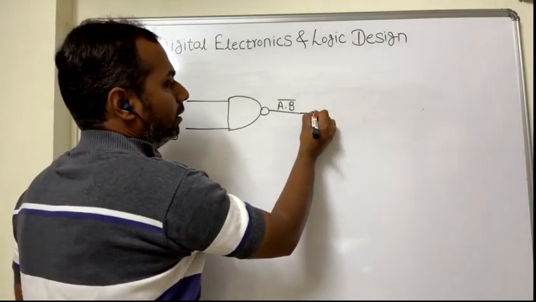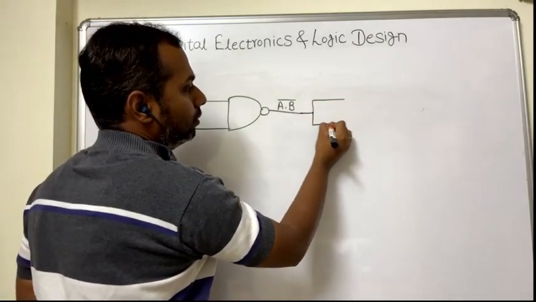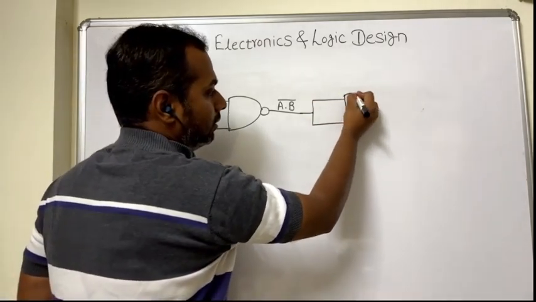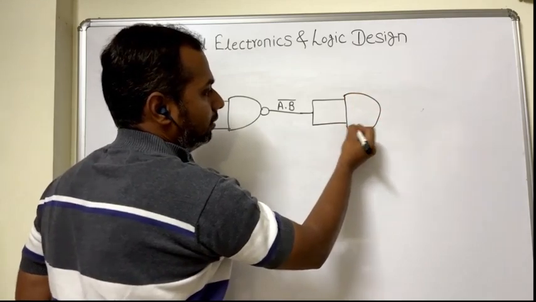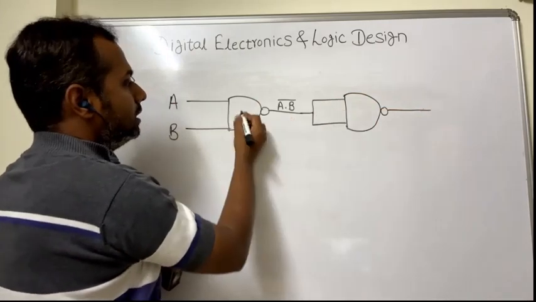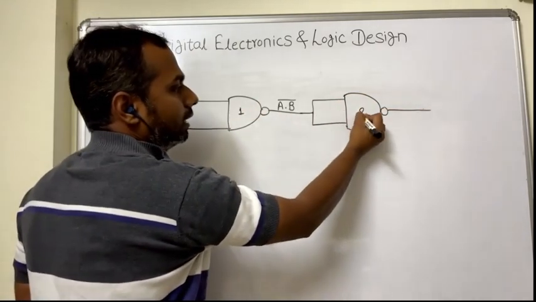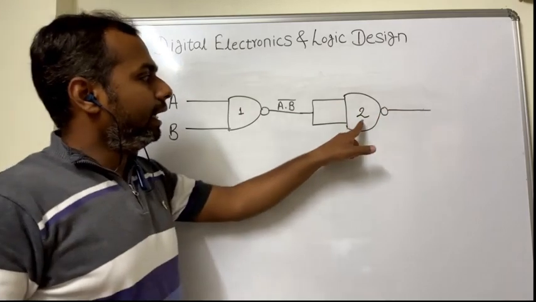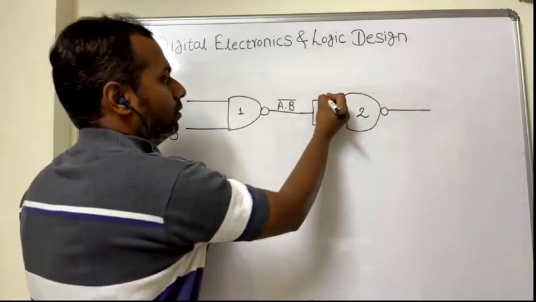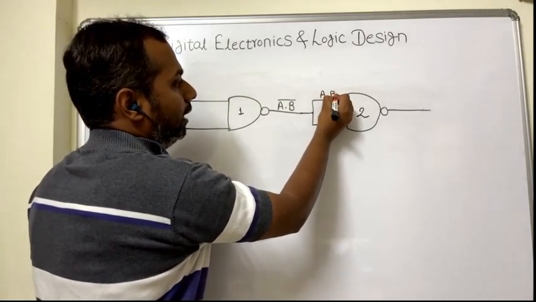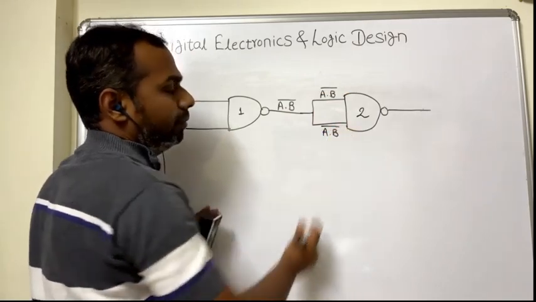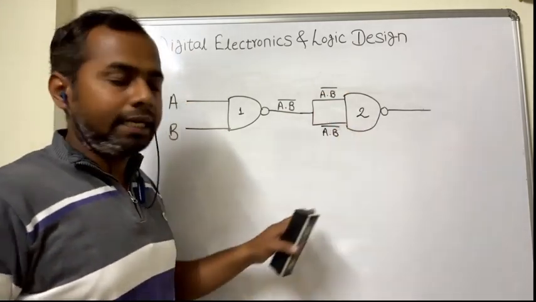If I apply the same input in the next level NAND gate, let me take one more NAND gate here. Now here, this is NAND gate number 1, this is NAND gate number 2. For the second NAND gate, I am applying the output of NAND gate 1 to both inputs. So (A and B) whole complement and (A and B) whole complement. So what is the output of the second NAND gate?